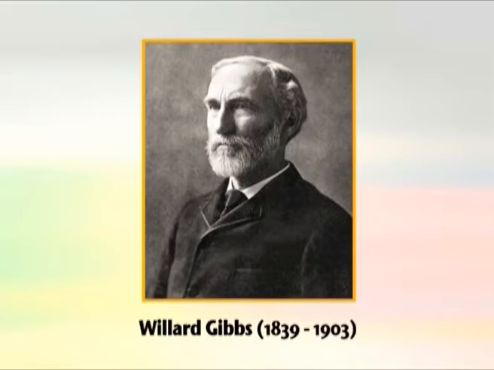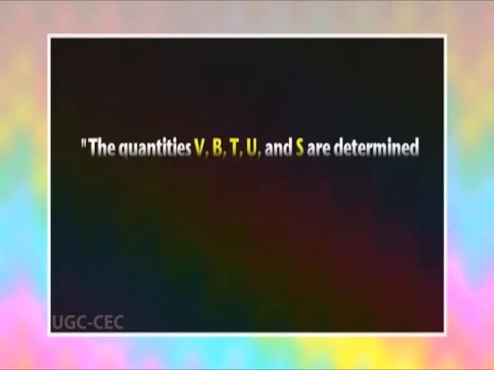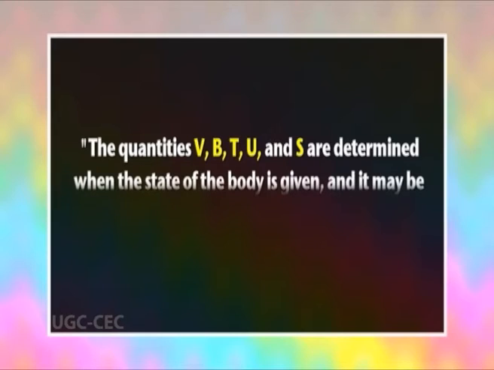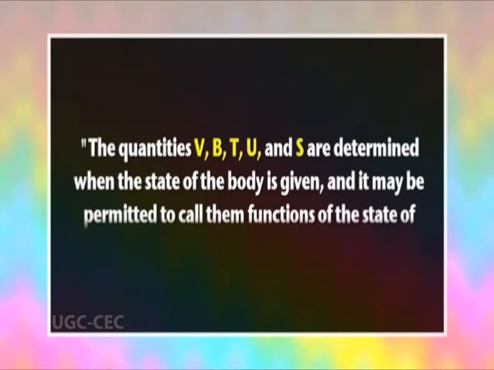In 1873, for example, Willard Gibbs in his paper Graphical Methods in the Thermodynamics of Fluids states that the quantities V, B, T, U, and S are determined when the state of the body is given, and it may be permitted to call them functions of the state of the body.